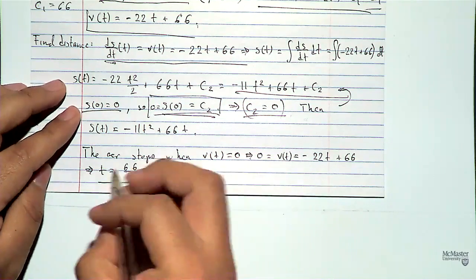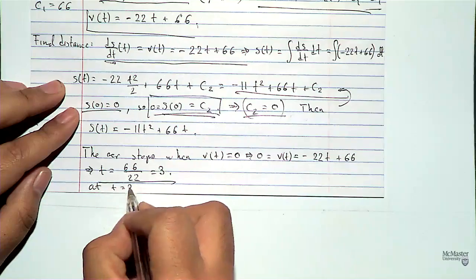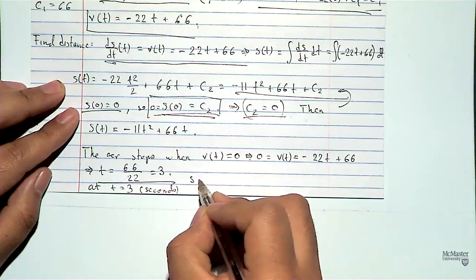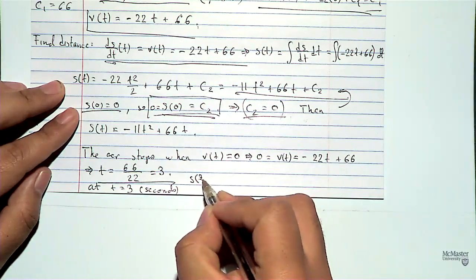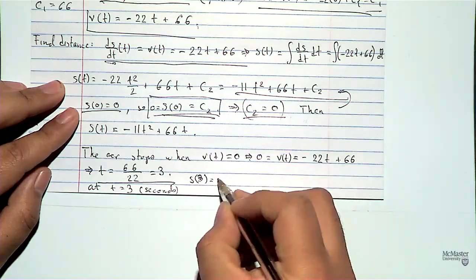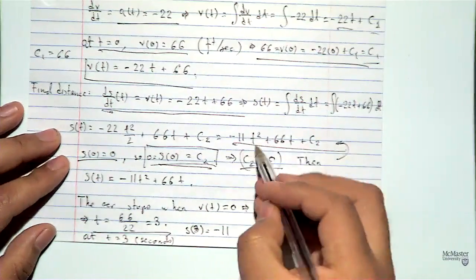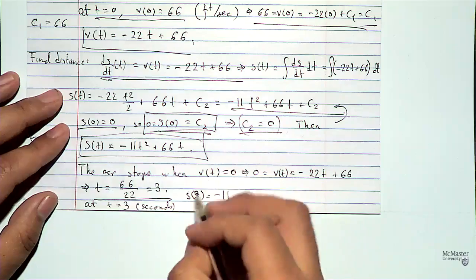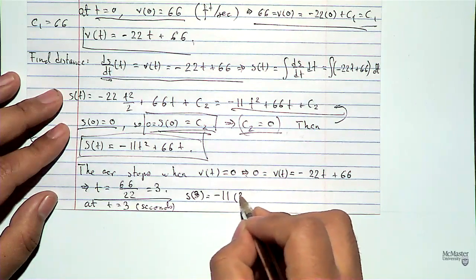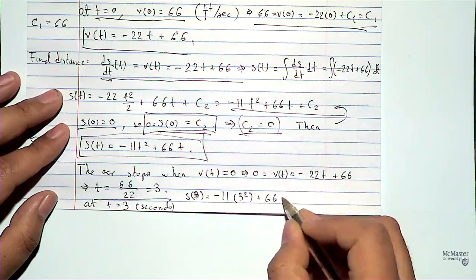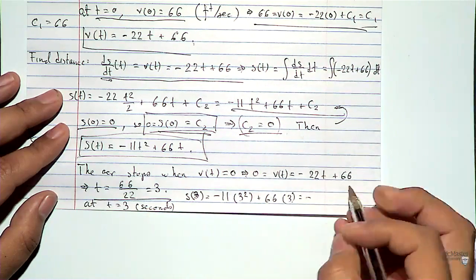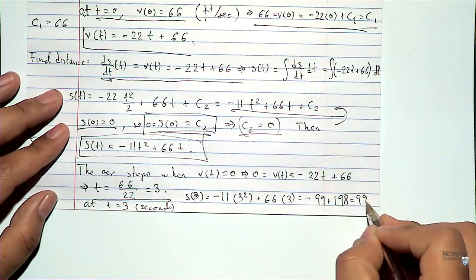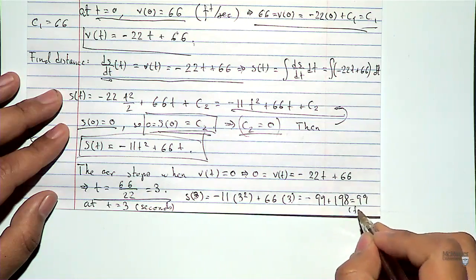So at time 3 seconds, I evaluate the position function. Going back to the formula, minus 11 times 3 squared plus 66 times 3, which is minus 99 plus 198, which is 99, in units of feet.